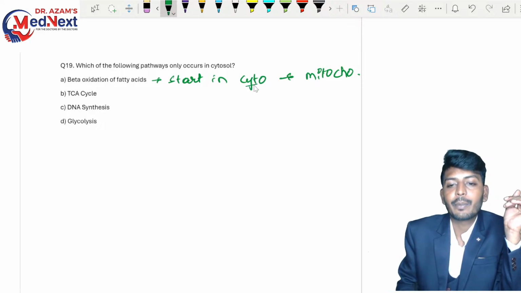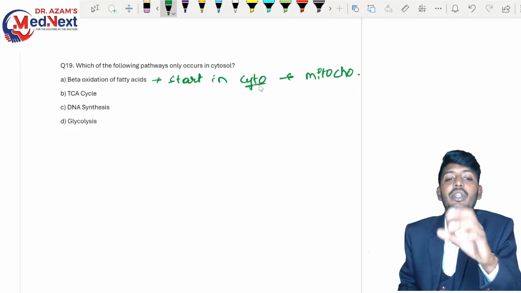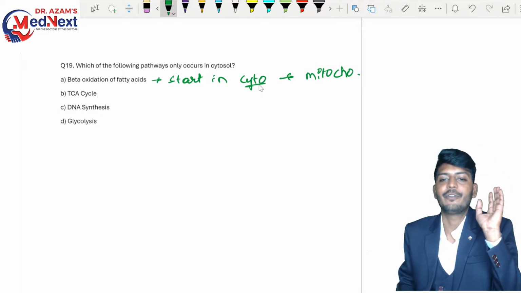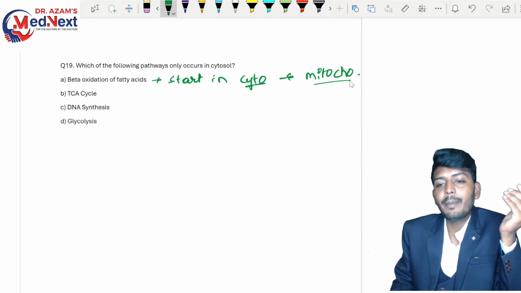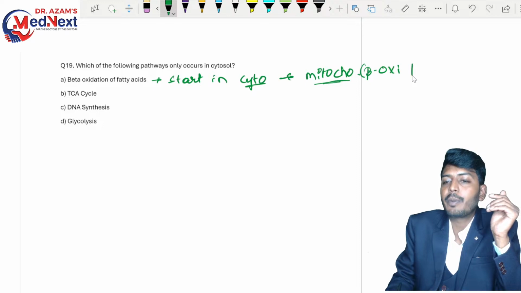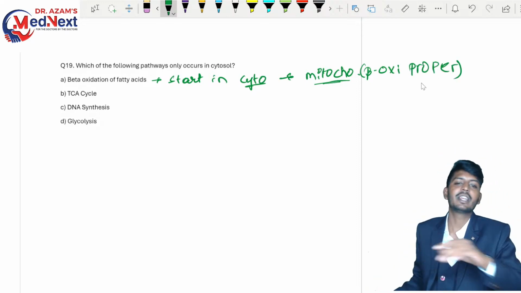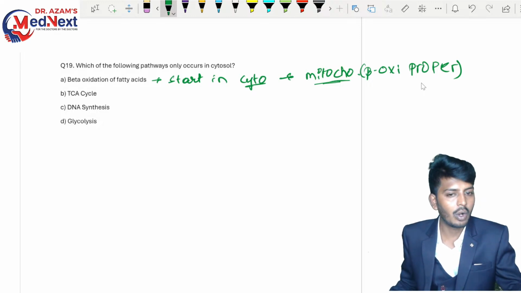In the cytoplasm there is a process of initiation and transportation. After that, inside the mitochondria, is what we call beta oxidation proper. So beta oxidation proper occurs in the mitochondria.